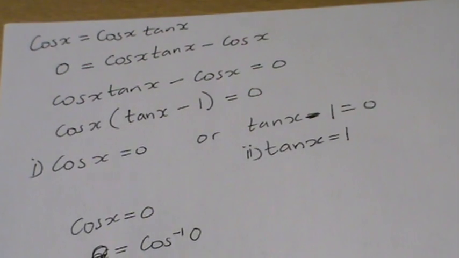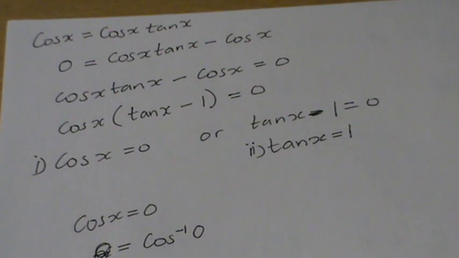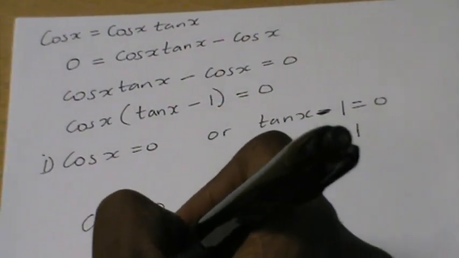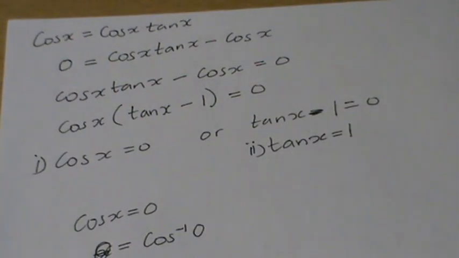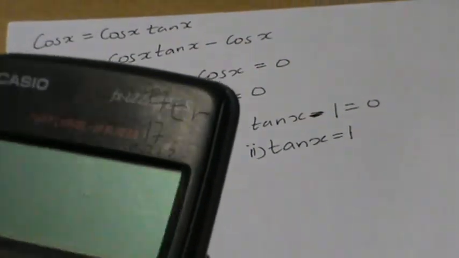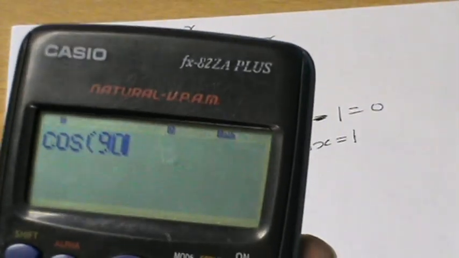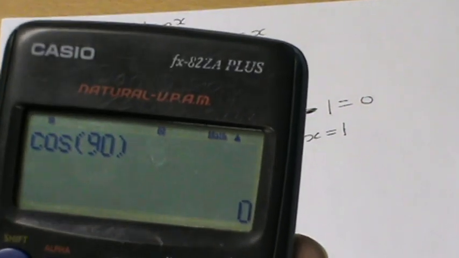If you work this out on your calculator in degrees, you'll have 90. Cos of 90 is equal to 0, but in radians this is pi over 2. We can check on the calculator: cos of 90, you can see this is equal to 0.